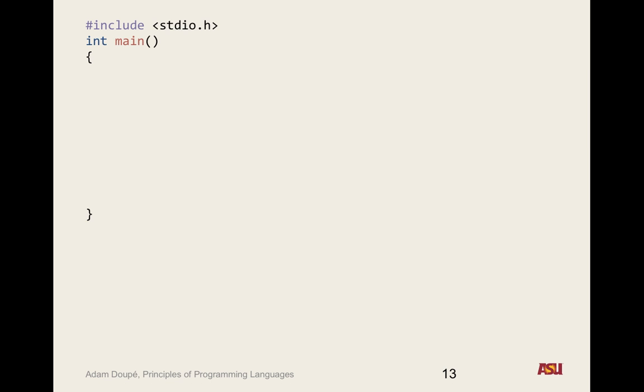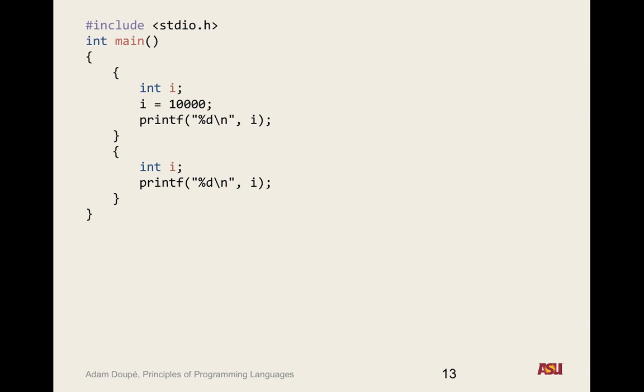Okay, so let's try and fix it. Now we have our program. We've got our first block. We've got I. We're setting I to be 10,000. We're printing out I. And then we're going to declare I, and then print out I. So will I be able to compile this program? Yes. Another way of asking that question is, will there be an undeclared identifier error when I compile this?